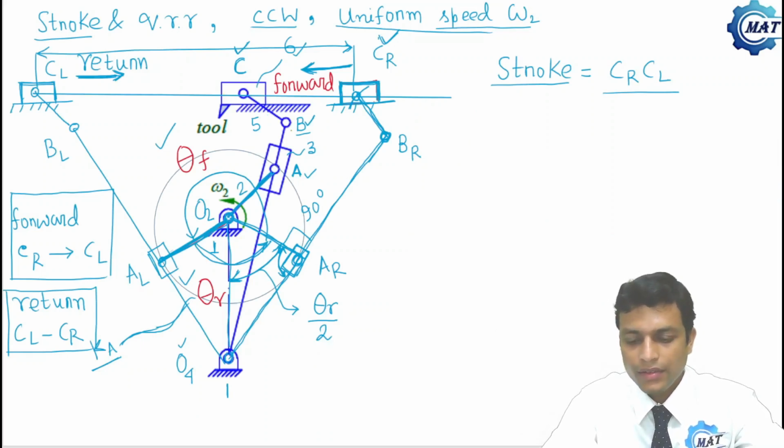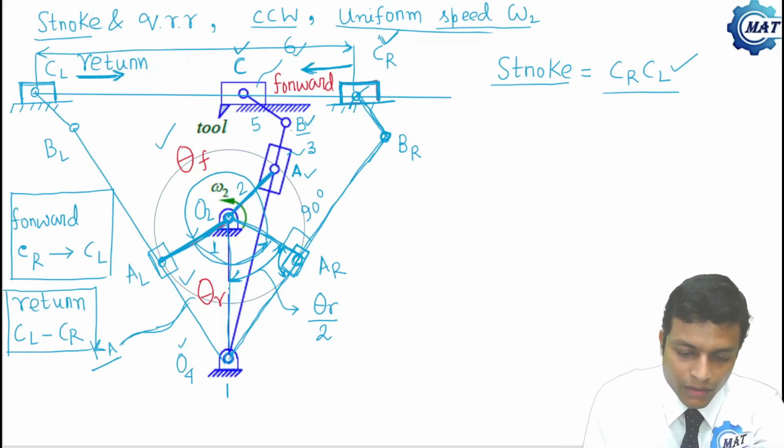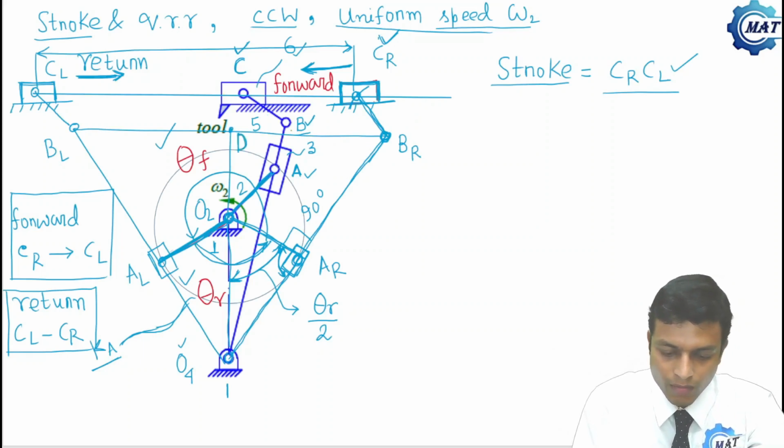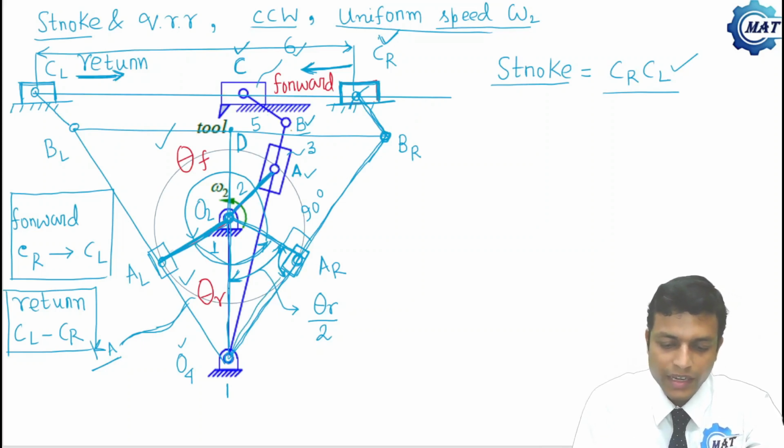Now let us derive the expression of stroke, that is CRCL, from this diagram. To do that, first let us join BL BR by a line, and the midpoint of BR BL is D, and extension of O4 O2 cuts BL BR at point D also, because O4 BR and O4 BL are symmetric about the center line O4 O2.